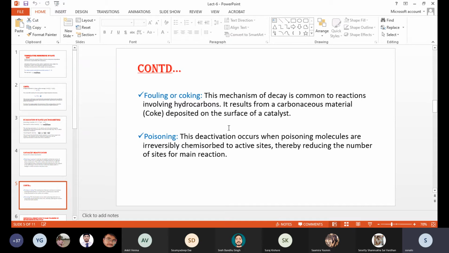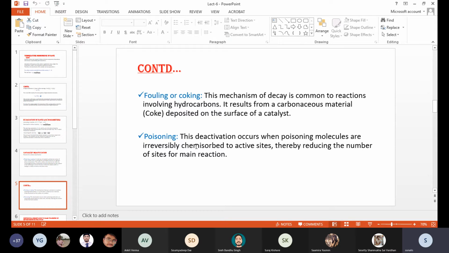For a long period of time, these molecules will get disintegrated at high temperature and form coke particles, pure carbon, or a highly carbonaceous material which contains a high amount of carbon, which is actually called coke, and those are deposited on the surface of the catalyst. As they are deposited permanently on the surface of the catalyst, the active sites are no longer exposed to the reactant molecules, so activity is lost.